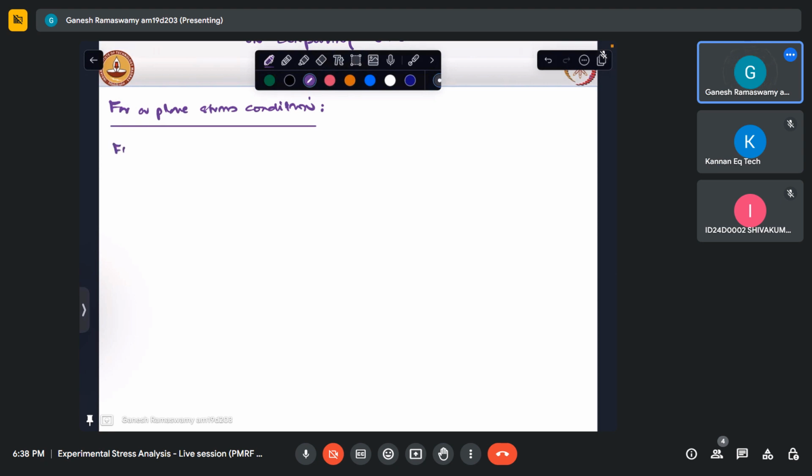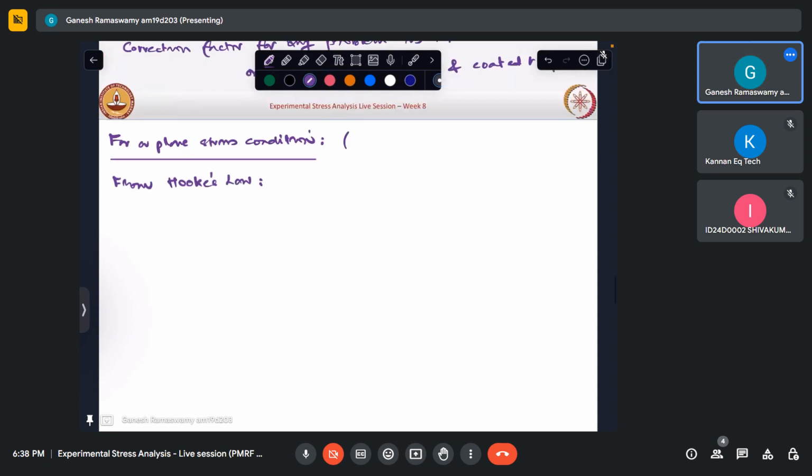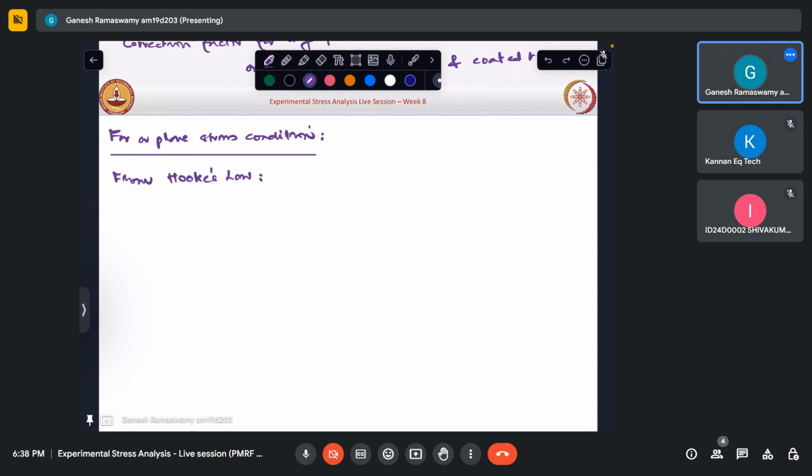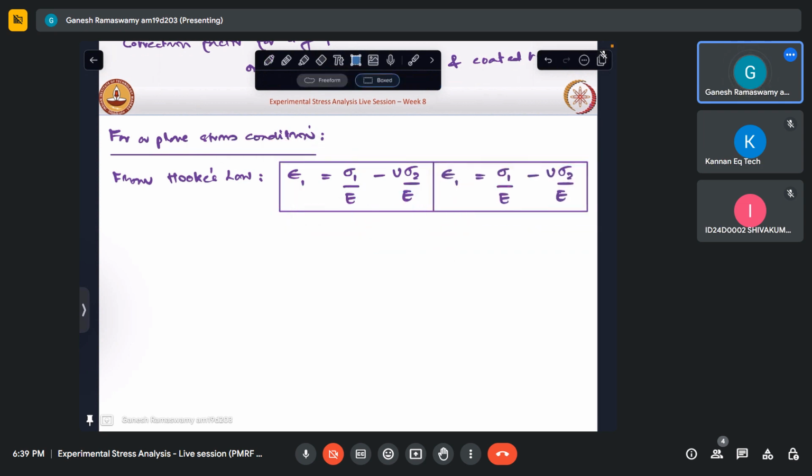So essentially, epsilon 1 can be given as sigma 1 by E minus nu sigma 2 by E. Similarly, we also have the other strain; essentially, we just need to replace the index, so epsilon 2 is sigma 2 by E minus nu sigma 1 by E. Now, in the case of a coating, in order to differentiate, we'll take mu to be mu c and E to be EC.